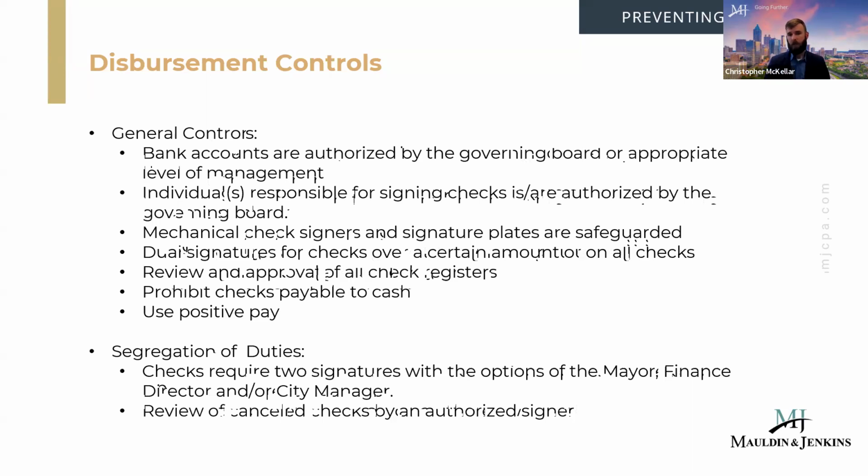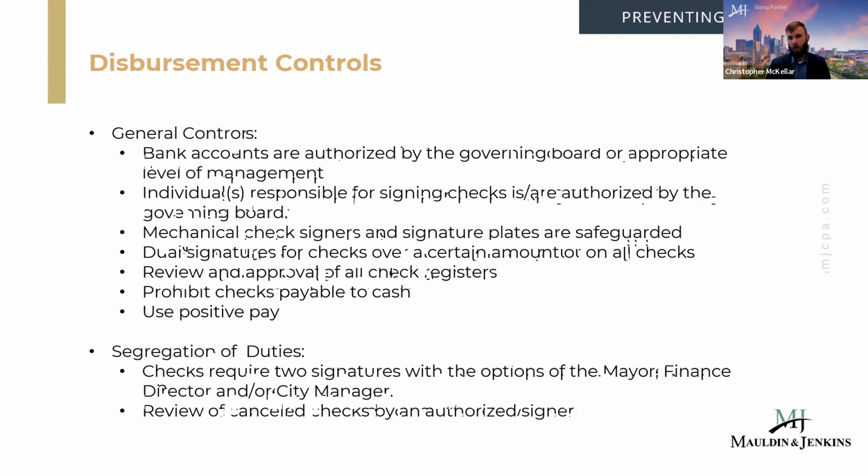So by reviewing the canceled checks, you want to make sure that the signatures are the same from check run to check run, that one person isn't forging another person's signature. Oftentimes, the bank has a report that they can provide of canceled checks. And, you know, even if there's a fee involved, it could be well worth the small fee that they charge.